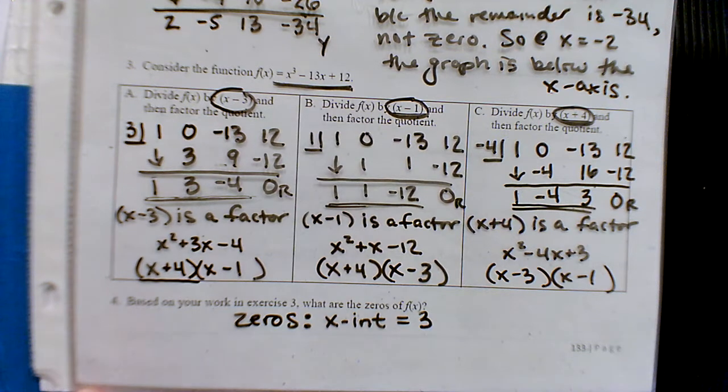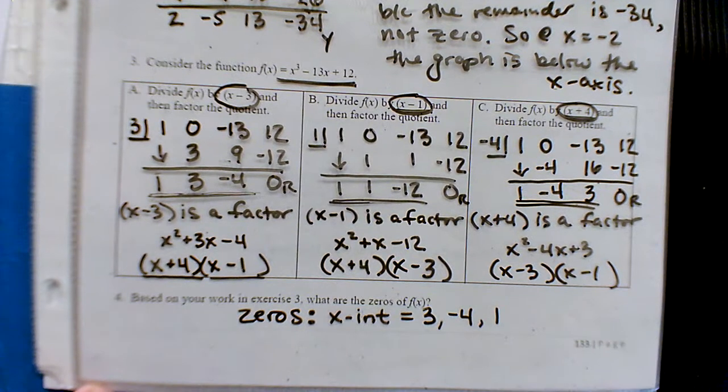One of the factors was x plus 4, which would produce a 0 of -4, and the other factor was x minus 1, which would produce an x-intercept of +1.